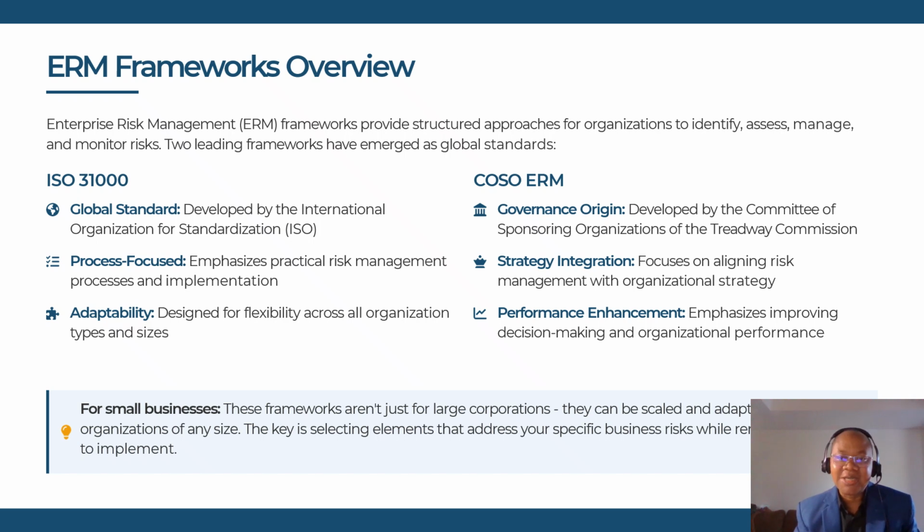Doing this helps to enhance performance. It emphasizes improving decision making and organizational performance. As a matter of fact, without decision making, how are organizations managed? Decision making is so crucial in every management for every organization.